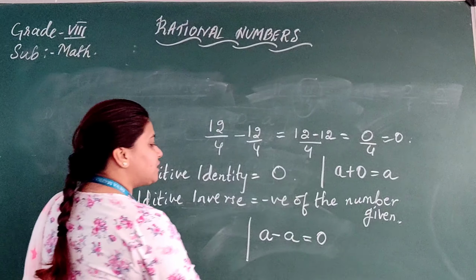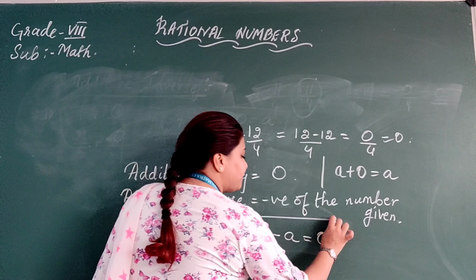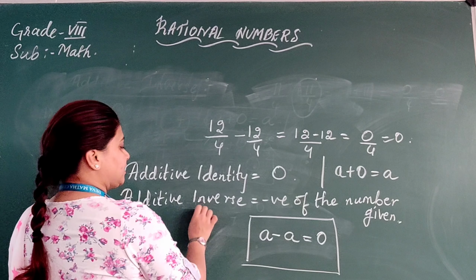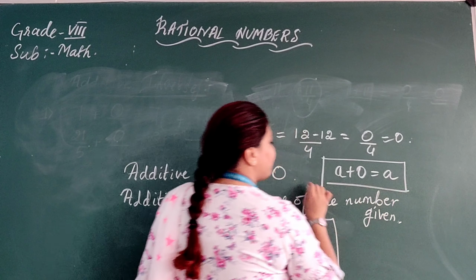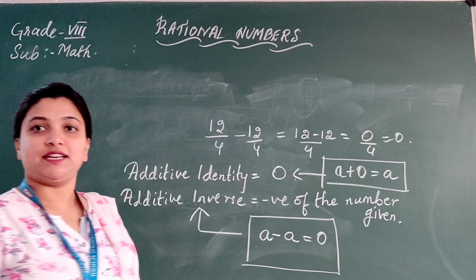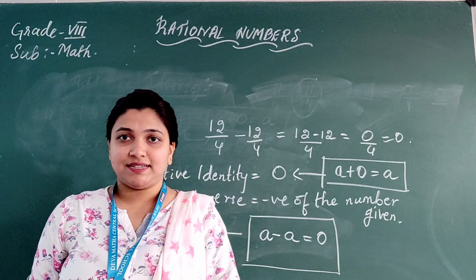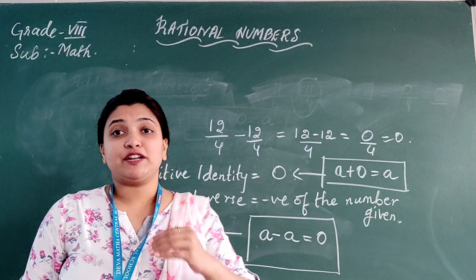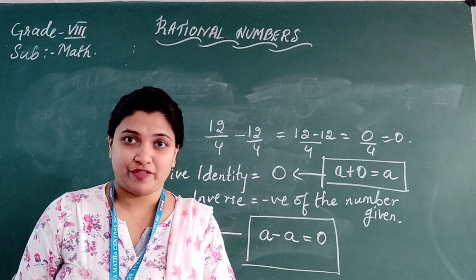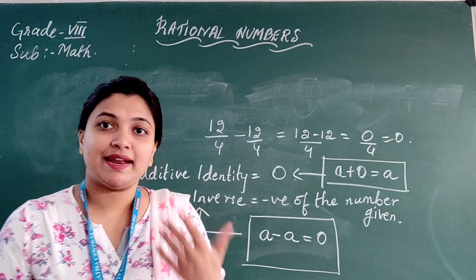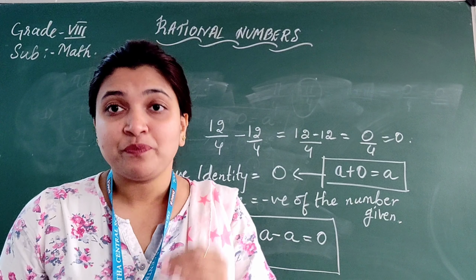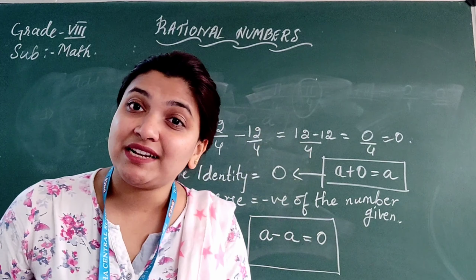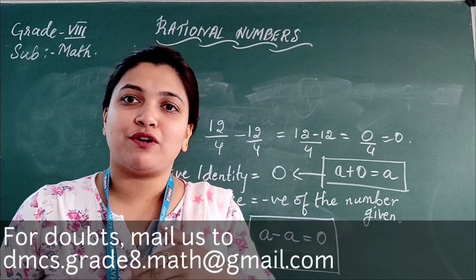So therefore, this is the formula for additive inverse, and this is the formula for additive identity. Remember, additive identity is always 0 and additive inverse is the negative of that number. Now, what do we mean by negative of that number? If I have a number 5 by 4, my additive inverse is minus 5 by 4. So, negative of a number.